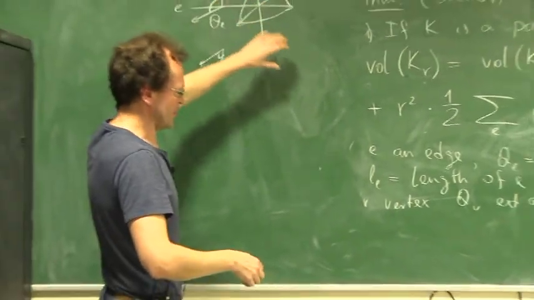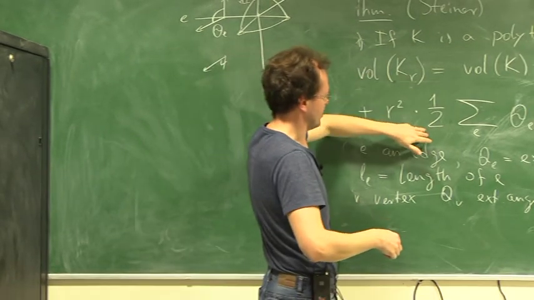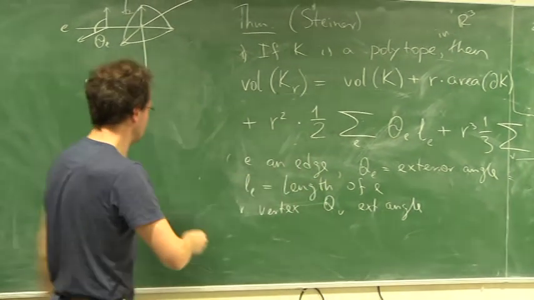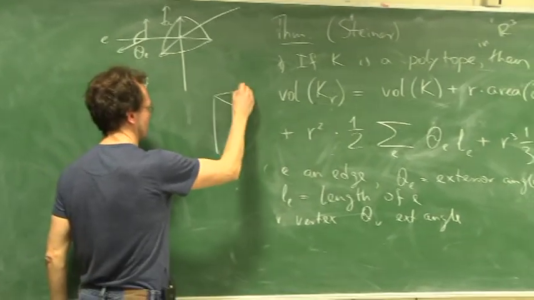And the volumes of these wedges are exactly this term, because each cylindrical wedge is something like this.